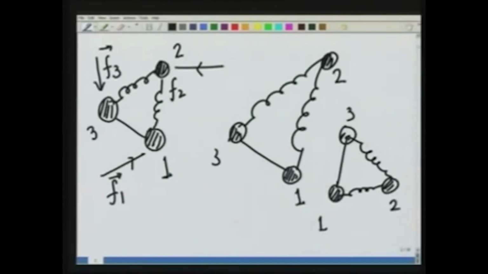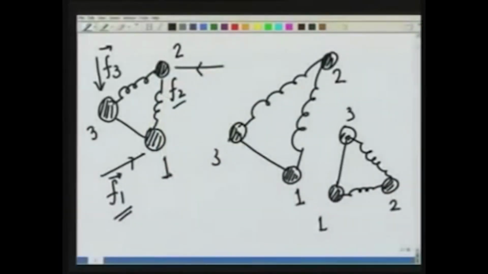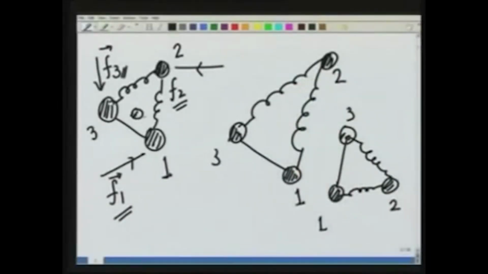In other words, under the influence of these forces F1, F2 and F3, the body could deform, that is, the distance between the particles could change and it could change its orientation. Nonetheless, the center of mass still moves according to what the net force is, that is, the center of mass would still follow this equation.